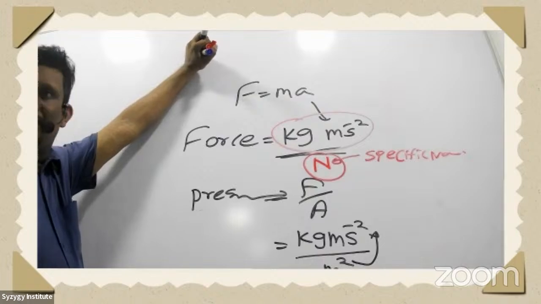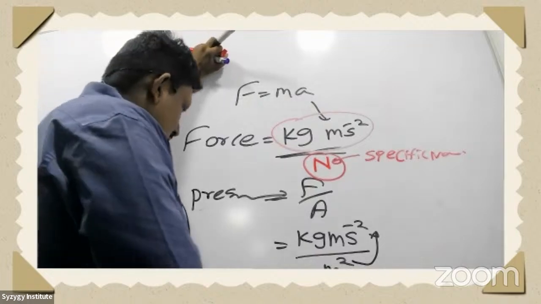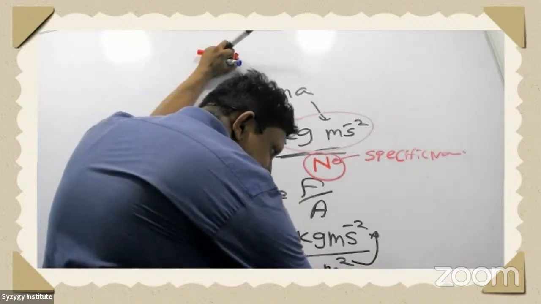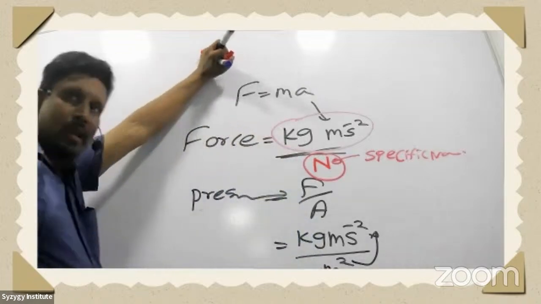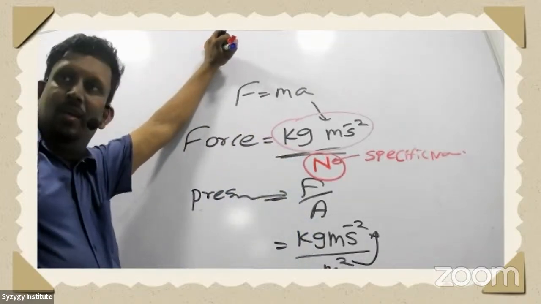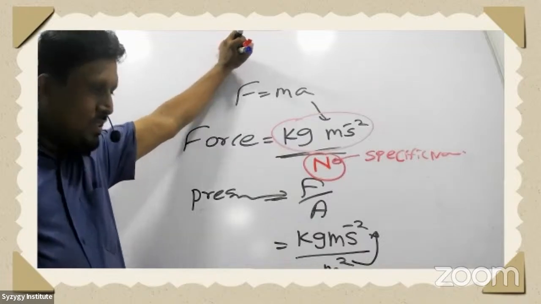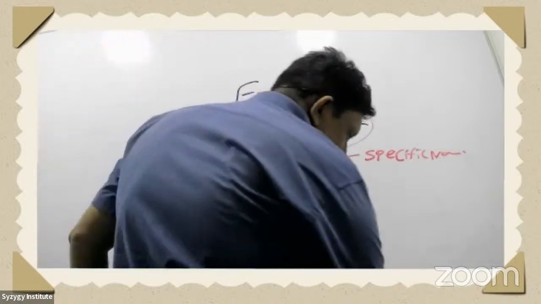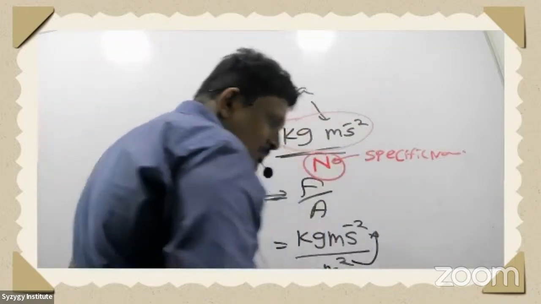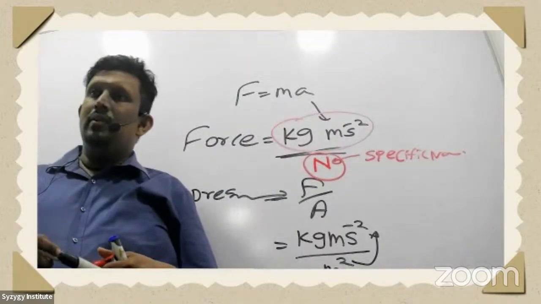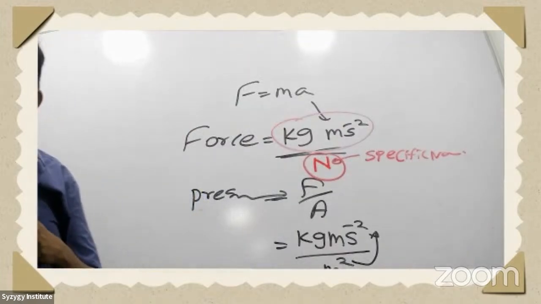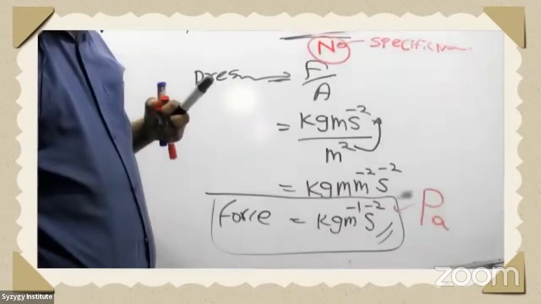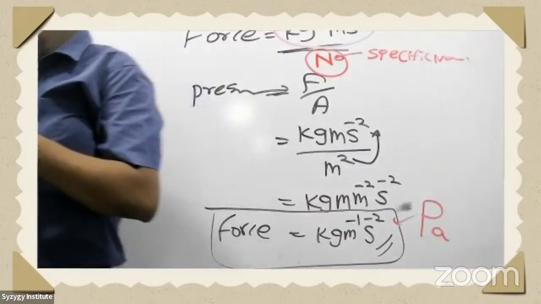Then for pressure, instead of this unit, you can write Pascal. If you are writing a unit using the name of a person, the first letter should be a capital block letter, and the second letter should be simple, Pascal.